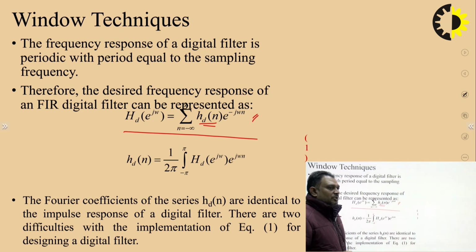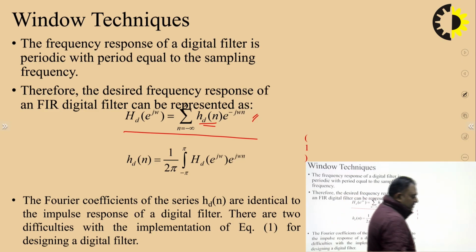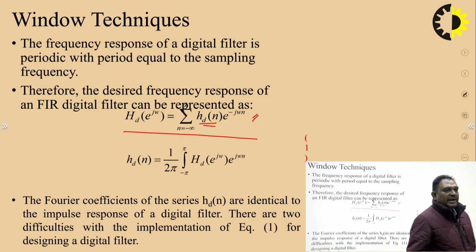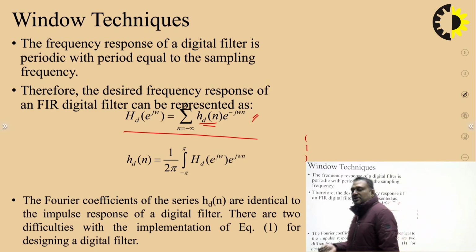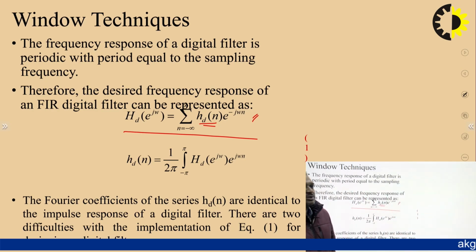But you know, because ideal filters are non-causal in nature, we cannot realize them, or you can say those filters are not physically realizable. So we have to find some method by which we can find finite response values, so that we can design this filter.